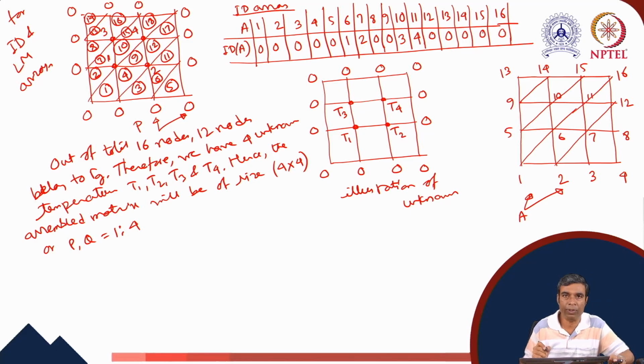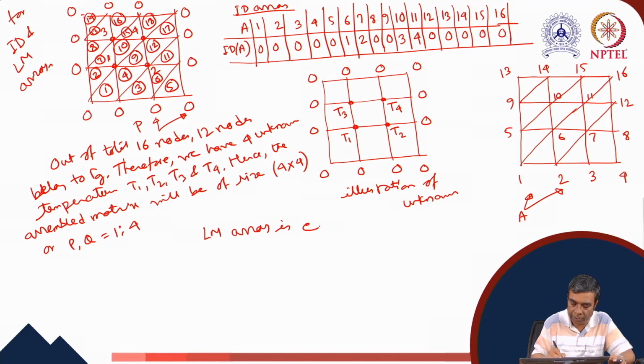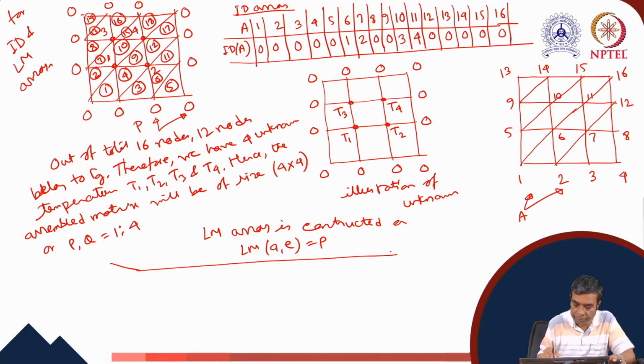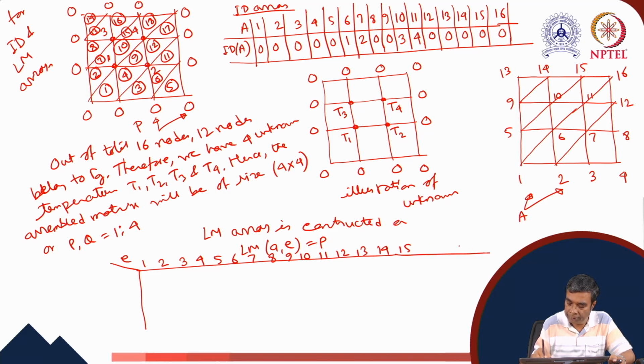So we can easily construct the LM array here. The LM array is constructed as LM(A, E) equals P. Here E varies from 1 to 18, 1, 2, 3, 4, 5, 6, 7, 8, 9, 10, 11, 12, 13, 14, 15, 16, 17, 18. A varies from 1, 2, 3.